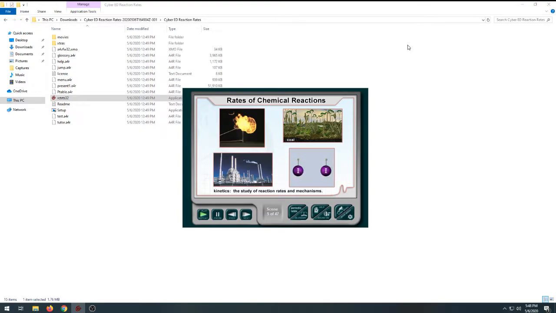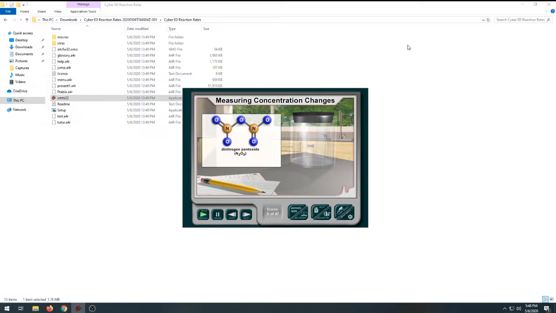A detailed understanding of reaction rates also gives chemists a picture of what is going on at the atomic level during chemical reactions. The following scenes follow the progress of the decomposition or breakdown of the colorless gas dinitrogen pentoxide to show how the rates of chemical reactions are measured.